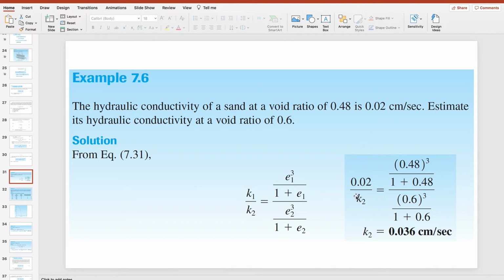So that is unknown. So K sub 1 over K sub 2 is 0.48 cubed divided by 1 plus 0.48, divided by 0.6 cubed divided by 1 plus 0.6. Shift, solve. Therefore, your hydraulic conductivity at 0.6 void ratio is 0.036 centimeter per second.